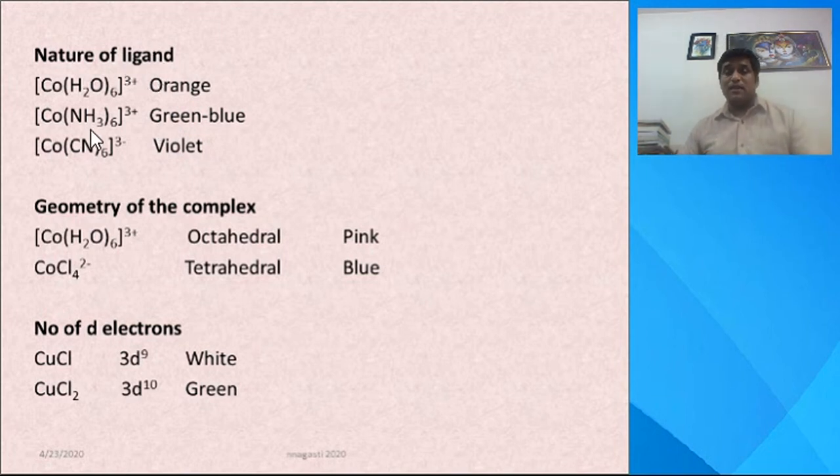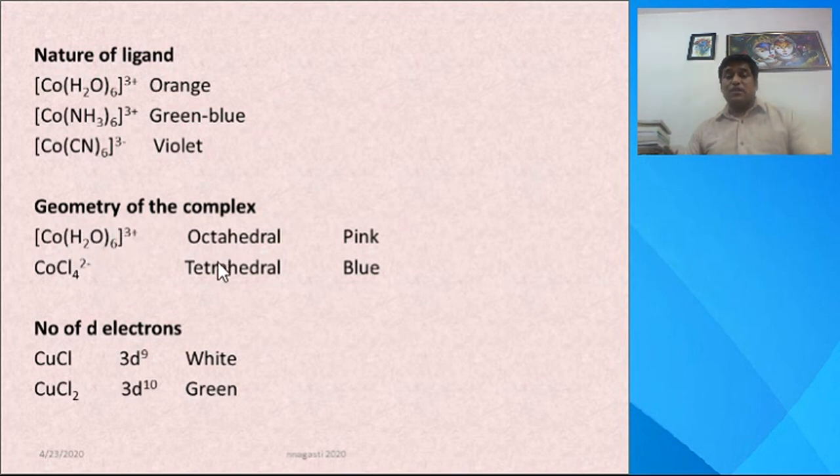See these cobalt complexes: in all of these the metal is the same, cobalt, the oxidation state is the same, 3+, the number of ligands is 6, only the ligand is different. So these ligands create different ligand field strengths that need different energy for electronic transition. That is why we see different colors: orange for the aqua complex, greenish blue for the amino complex, and violet for the cyano complex. Similarly, it also depends on geometry.